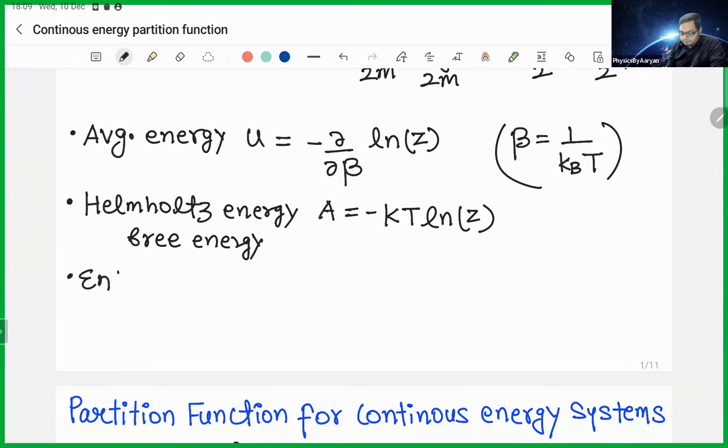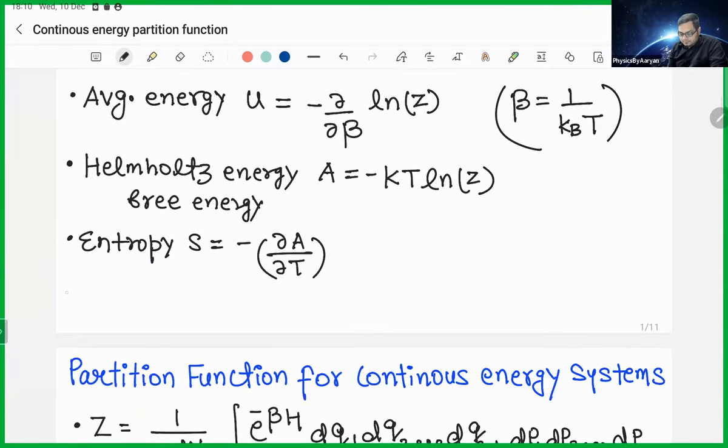For example, entropy can be found using minus ∂A/∂T. Similarly, you can find pressure. Pressure can be calculated using the formula minus ∂A/∂V.